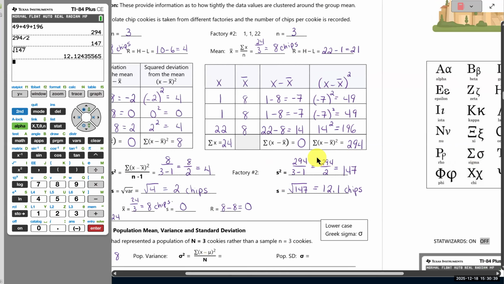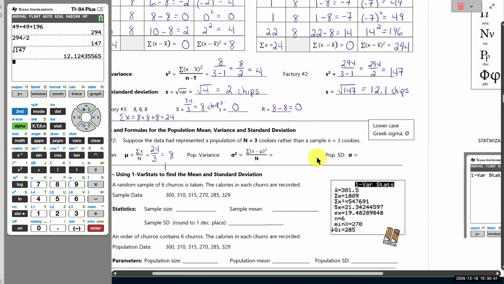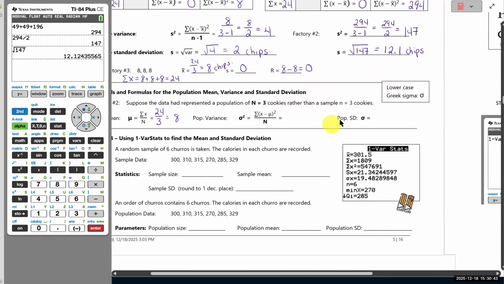So lowercase sigma is the symbol for the population standard deviation. So standard deviation is just my abbreviation. That's not the actual symbol. It's going to be a sigma. And we'll be focusing on standard deviation, but we'll just do variance here first. So instead of s squared, population variance is sigma squared.